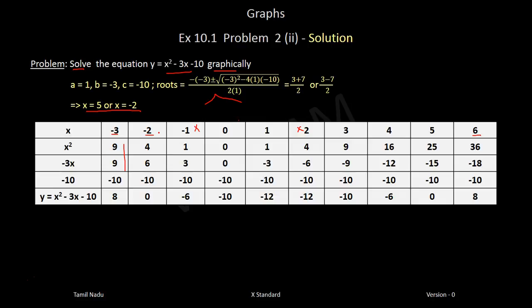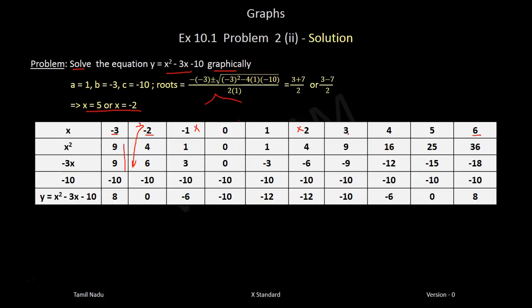Now let's take x equal to minus 2. x square is 4, and minus 3x is minus 3 into, that is, all these values you have to multiply by minus 3. So that is what will come in this column. So minus 3 into minus 2 is 6, and this is minus 10. Now 6 plus 4 is 10, 10 minus 10 is 0.